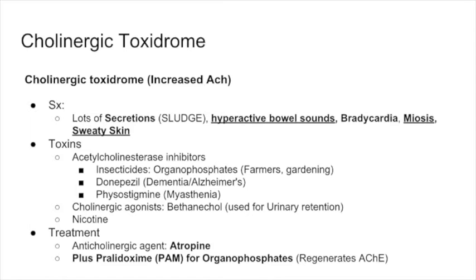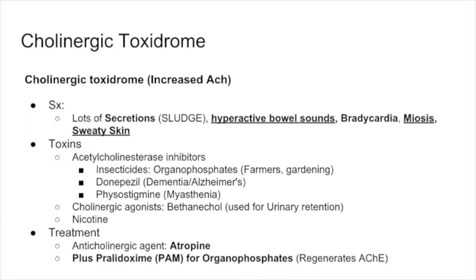You also have hyperactive bowel sounds. You have bradycardia. And the key two things of the cholinergic toxidromes are miosis and sweaty skin. I think of miosis as the pupils are constricted because the body doesn't really need much light. It's sleeping, if you would say, or it's resting.